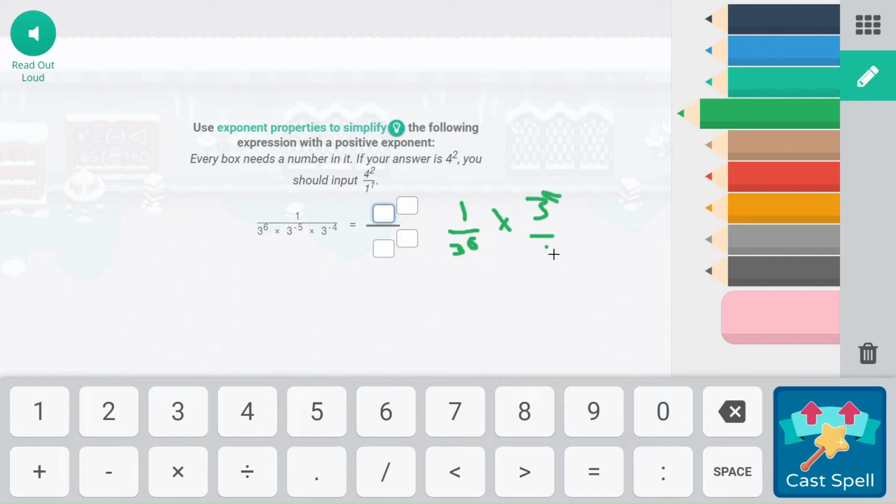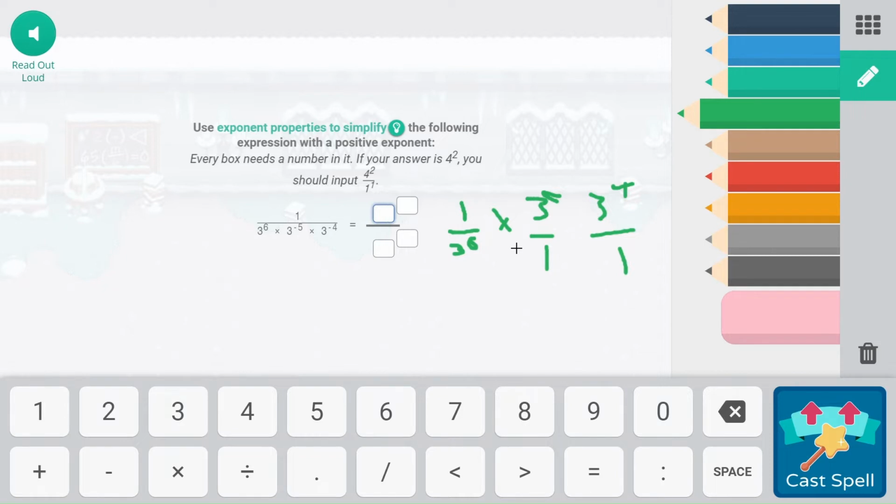Put the 1 here. Times 3 to the 4th, I believe is what we should be doing here. And then I'll do some multiplication here. I don't know if there's a way that we can just cross these off. I kind of feel like there is a way that we can just cross these off. Let me know in the comments if that is something that we can do.